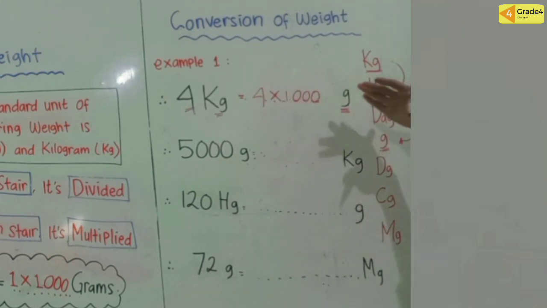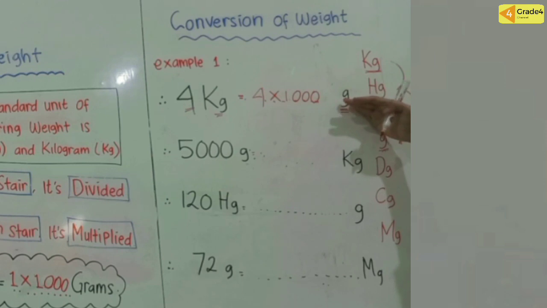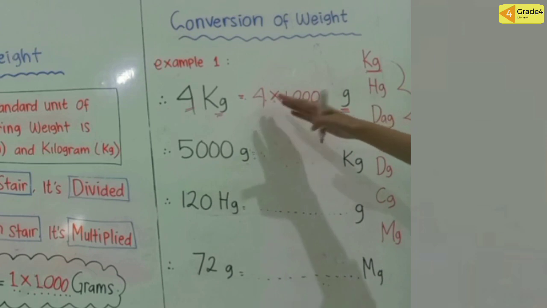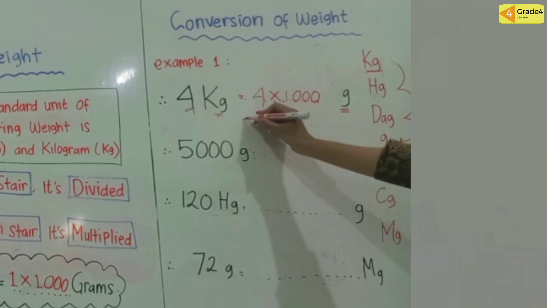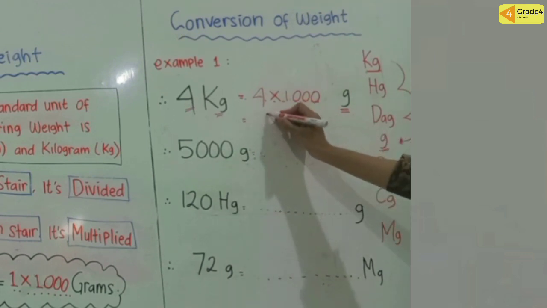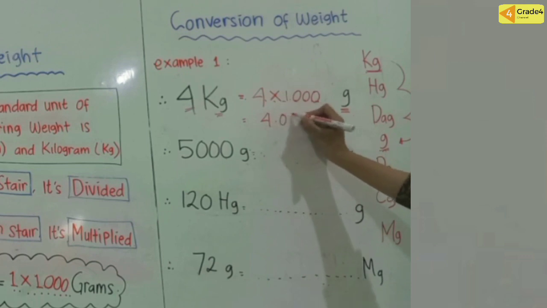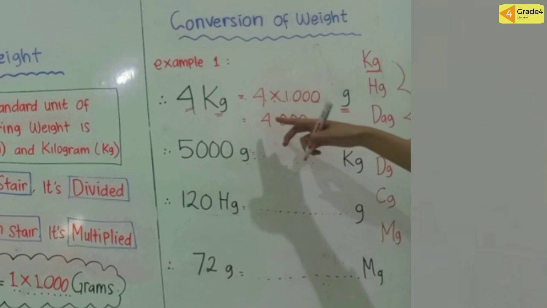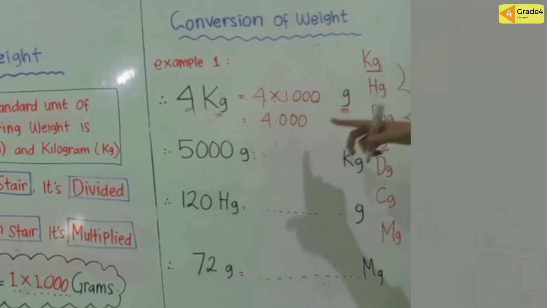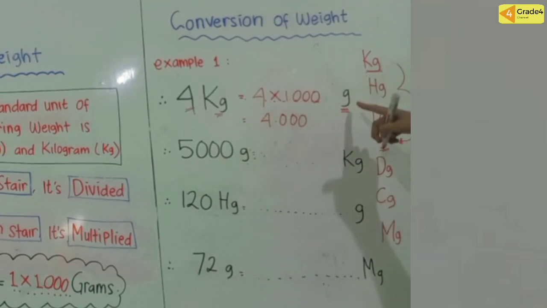We get the equation like this, and then we calculate 4 times 1000. So the answer is 4000. 4 kilograms is equal to 4000 grams.